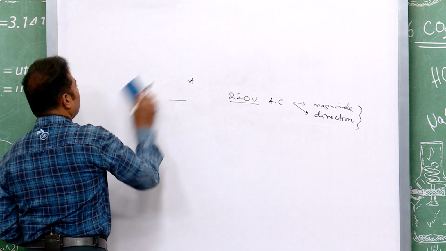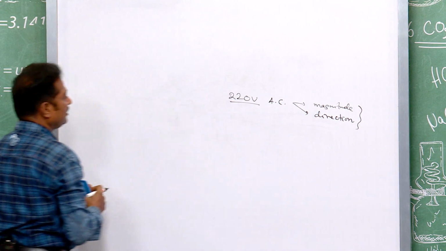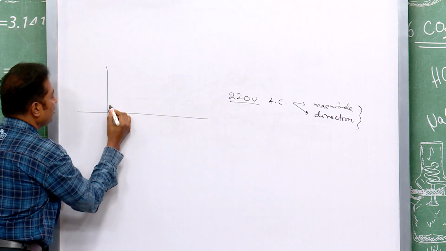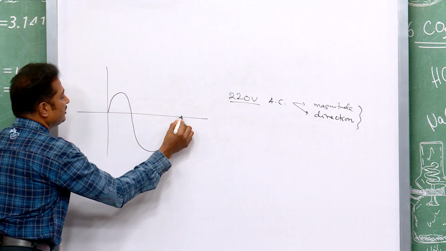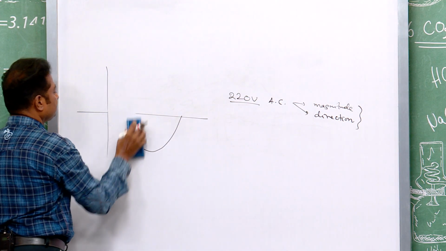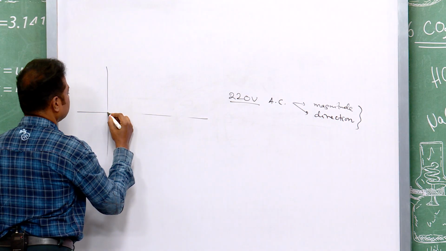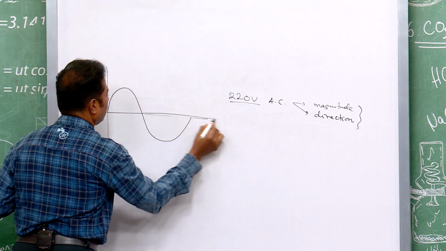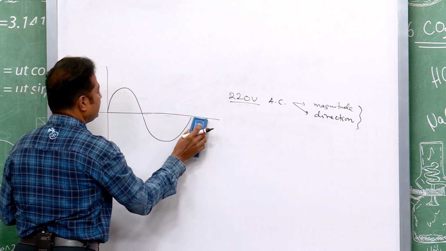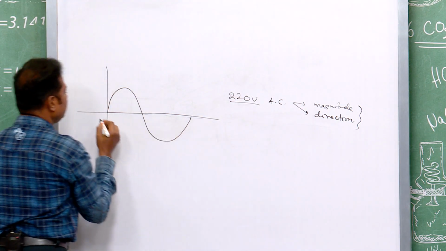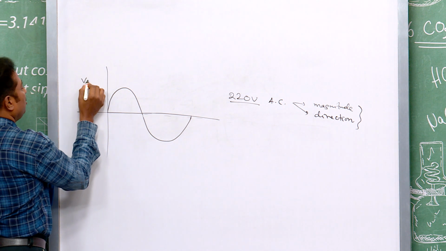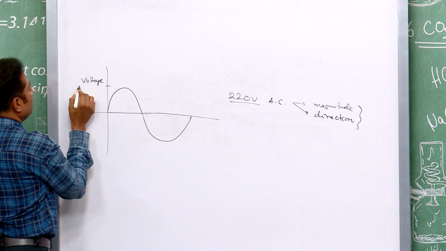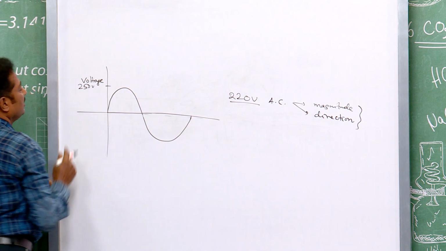Then how are they varying? You may have come across a graph like this. This is your time axis and this is your voltage, suppose 250 volt.